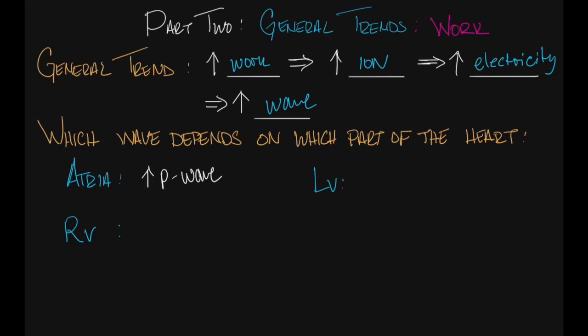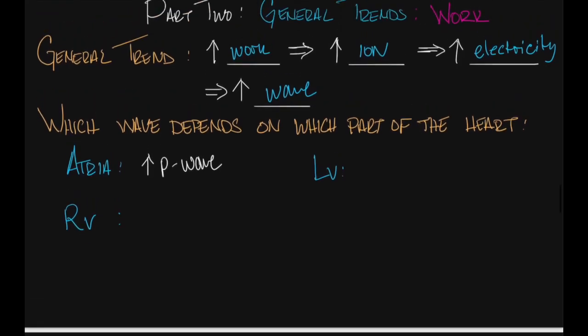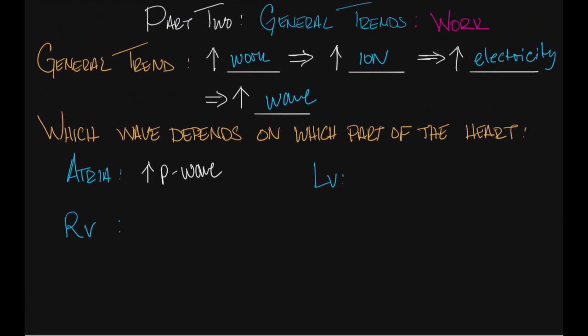Does the P wave start becoming biphasic or bimodal? And one of the trends we see in the right ventricle, when the right ventricle is working harder, or the electrical activity is affected at or near the right ventricle, is an increase in R waves in V1 through V3.